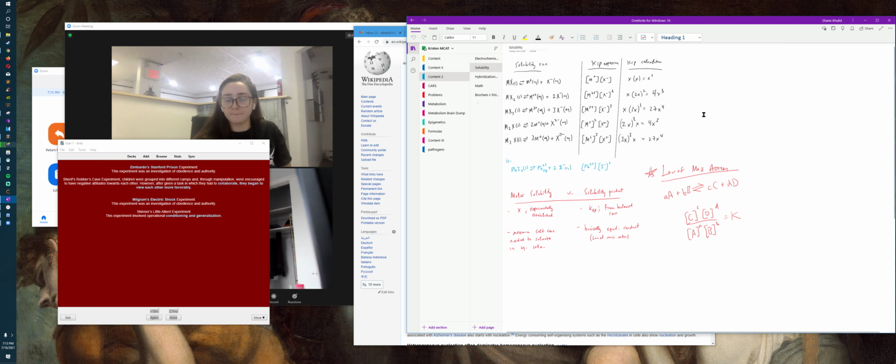Do you see where I wrote law of mass action? Basically, for the reactants, capital A and capital B are whatever the atom is, and little a and little b are the numbers in front of them, the coefficients.